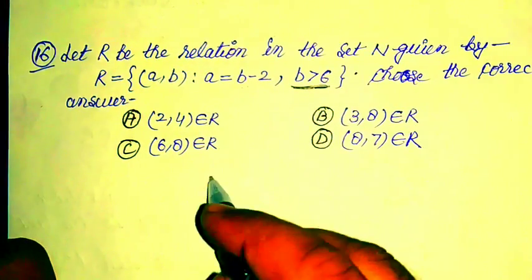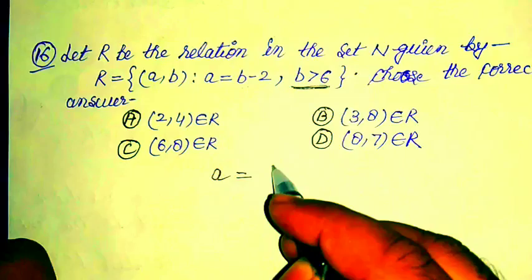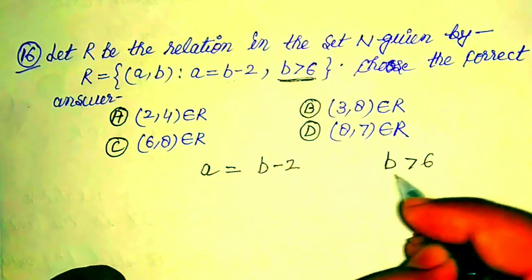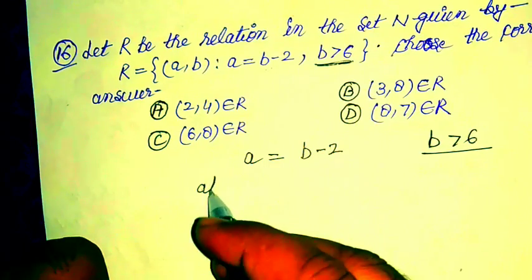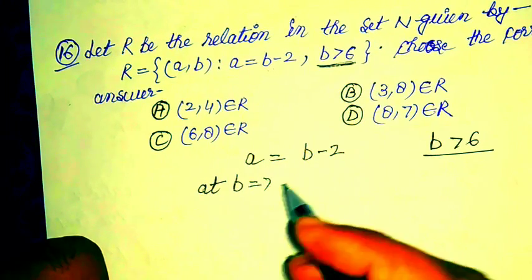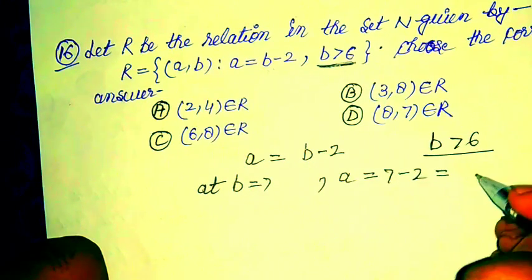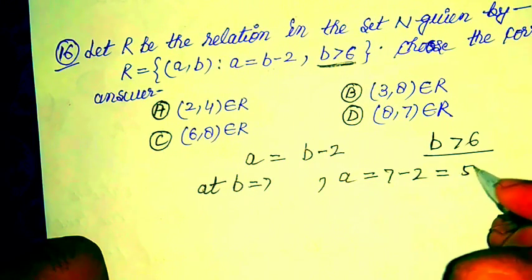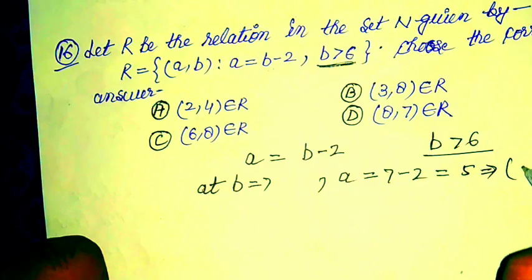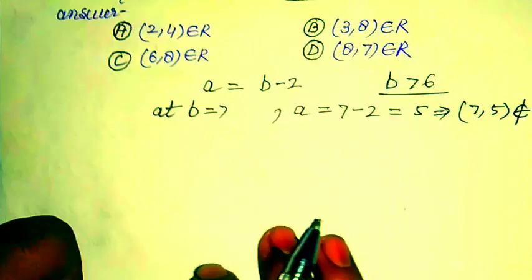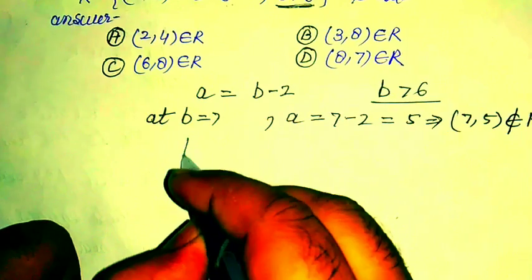Let's see: the relation is a equals b minus 2, and the value of b is greater than 6. At b equals 7, we get a equals 7 minus 2, that is 5. So (7,5) does not belong to any option, isn't it?